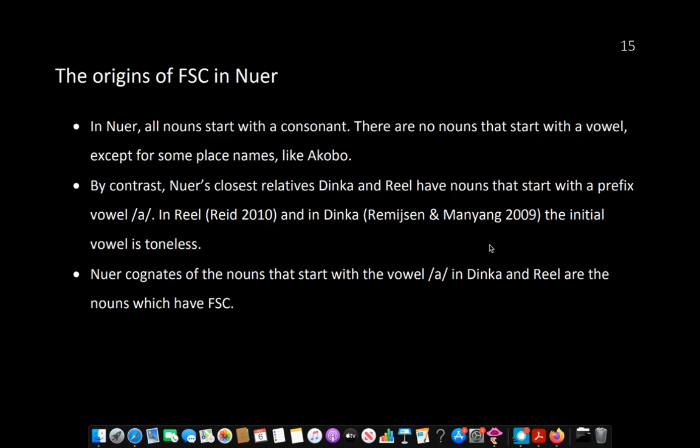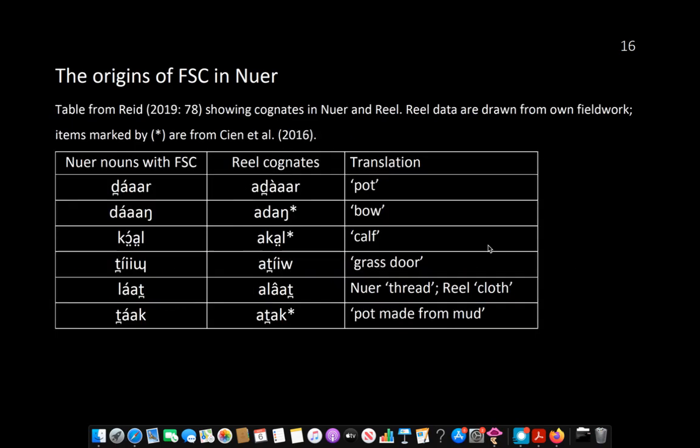Now, the Nuer nouns that have the FSC are the cognates of the nouns that start with the vowel a in Dinka and Rel. The table shows the nouns with FSC in Nuer and the Rel cognates.